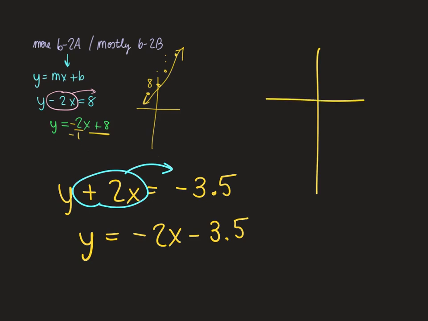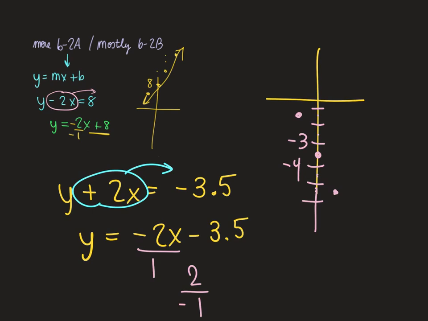Where is my first dot? Negative 3.5. So if that's negative 3 and that's negative 4, negative 3.5. I'm now going to go down 2, right 1, down 2, right 1, or I can go up 2 and left 1, up 2 and left 1.